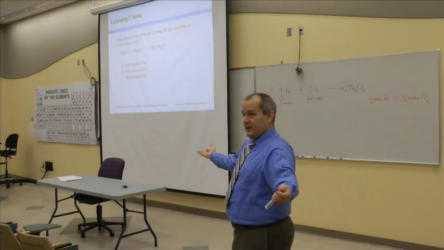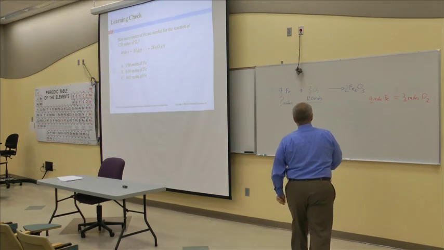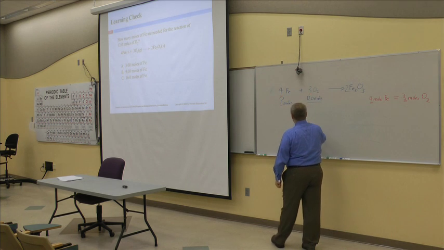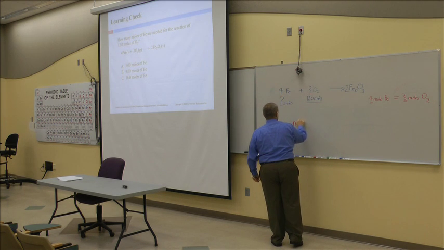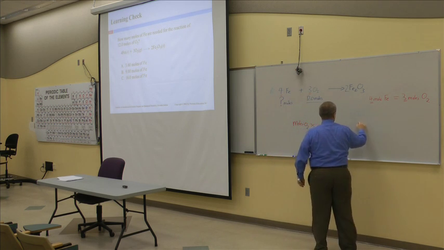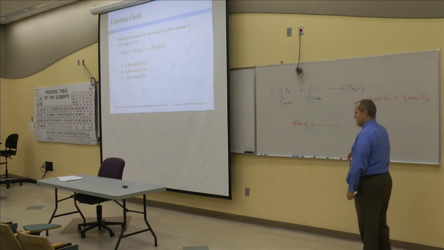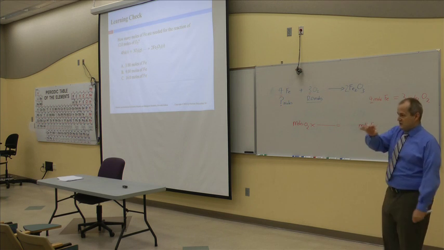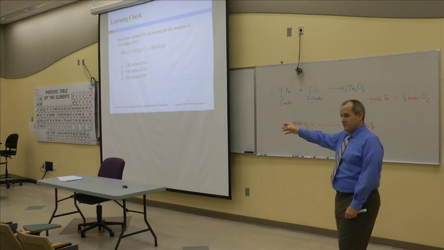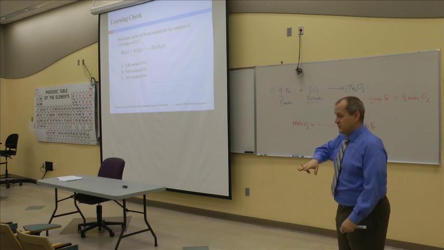Everybody? So then, if I have moles of O2 multiplied by something to give me moles of iron, that's what I want to do, right? I want to convert moles of oxygen to moles of iron. Everybody with me? That's the basic question.